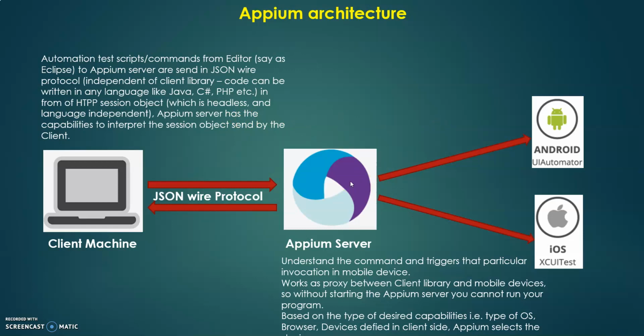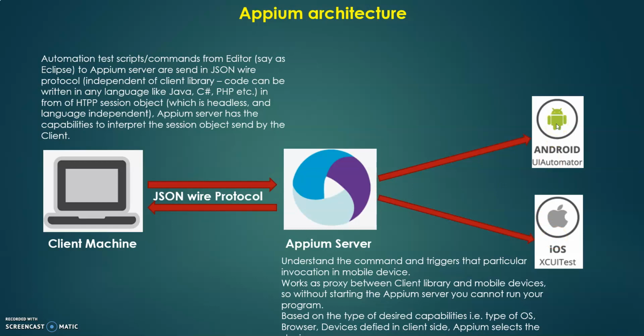And at the Appium server, what happens? The Appium server basically interprets these requests, and based on the desired capabilities like type of OS, browser, and devices defined on the client side, Appium selects the device. Say this request is for an Android device, so Appium sends that request to the Android mobile, and if it is for iOS, then it sends it to the iOS device.